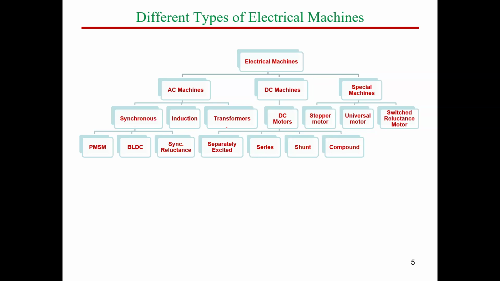But we will focus on the most important machines that you will need in industry, and at the same time the machines that you can learn at the undergraduate level, because there are some other machines that are not easy to learn at the undergrad level. They should be studied at the postgraduate level, during master's or PhD degrees.